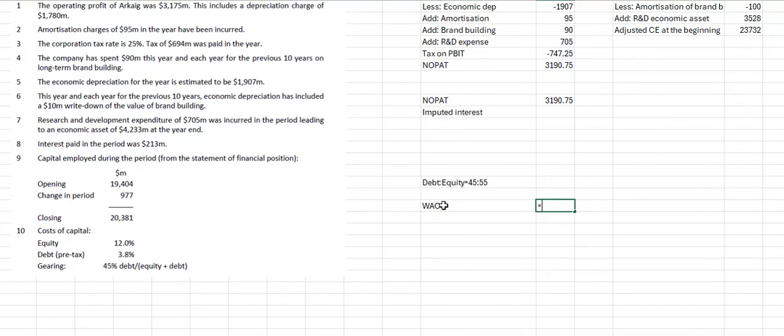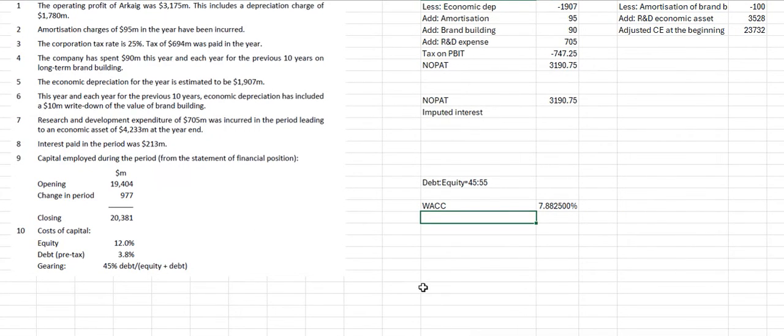Cost of equity multiplied by proportion of equity, which is 55%, plus cost of debt, but mind you that is pre-tax, change it to post-tax, 1 minus tax, multiplied by proportion of debt 45%. That's the weighted average cost of capital.